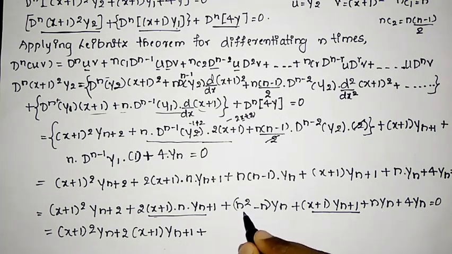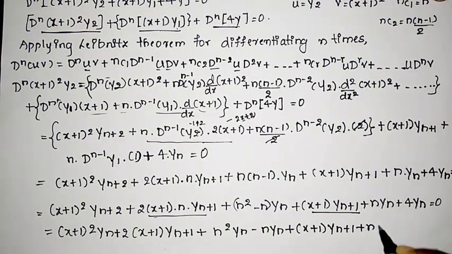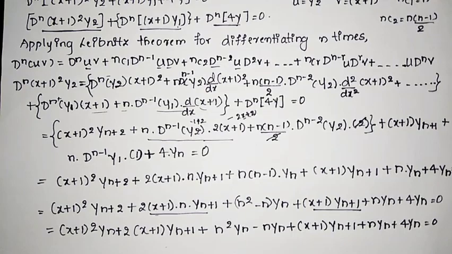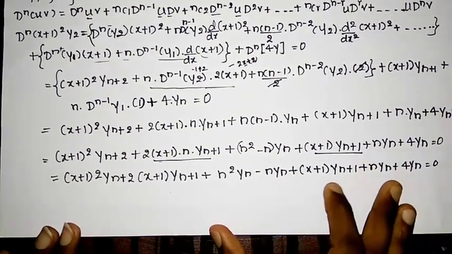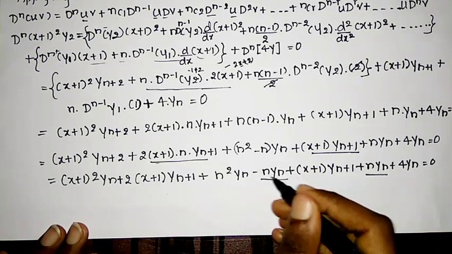After that we can split it: n square into yn minus n into yn plus x plus 1 into yn plus 1 plus n into yn plus 4 into yn is equal to 0. So we can observe that here we have minus n into yn, here we have plus n into yn. So just cancel both.